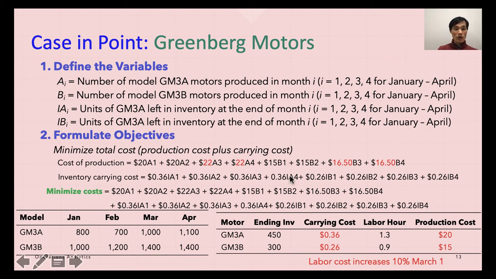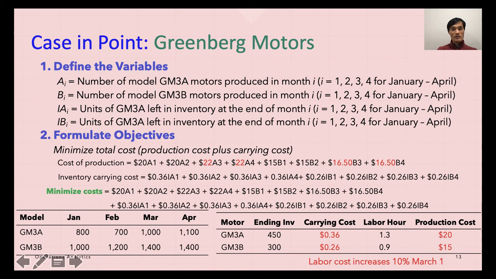I'm sorry, I forgot to mention, it's not B4, it's IB4, meaning remaining inventory of GM3A and GM3B, right? So it's the inventory carrying cost. It's not the number of production, but the number of remaining inventory at the end of the month. So that's the inventory carrying cost. So we formulate the objectives.